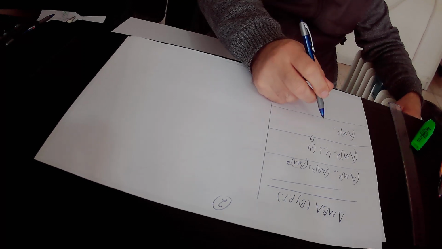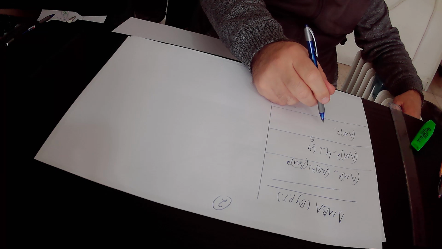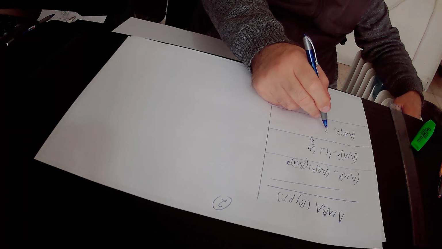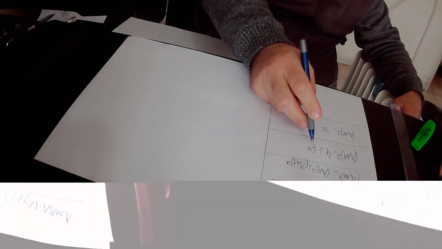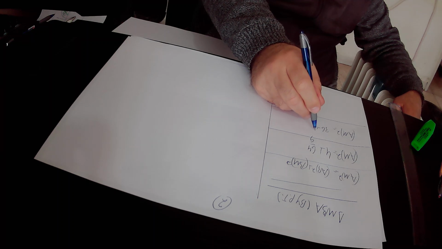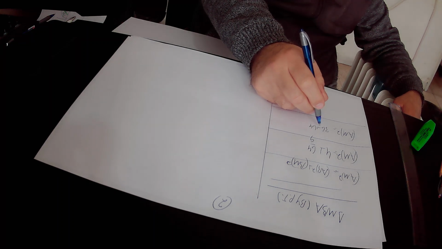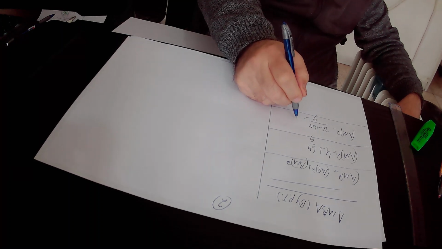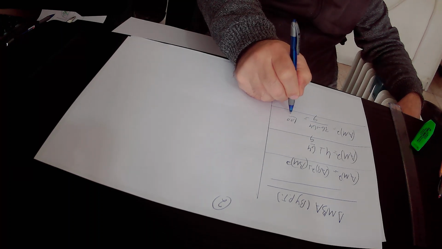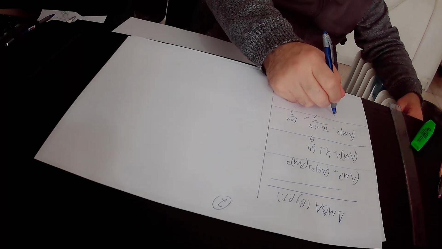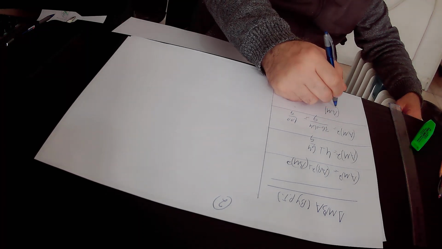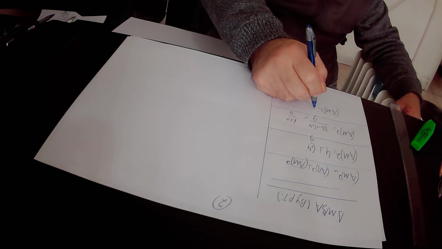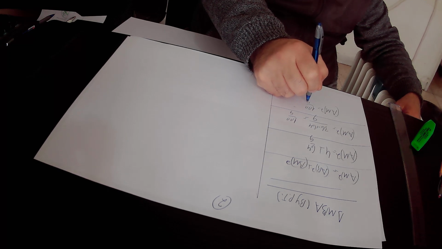equals 9 times 4 is 36. So in total, in the numerator of this expression, we have 36 plus 64 over 9. 36 plus 64 is 100, so it is 100 over 9. And we found that AM squared equals 100 over 9.